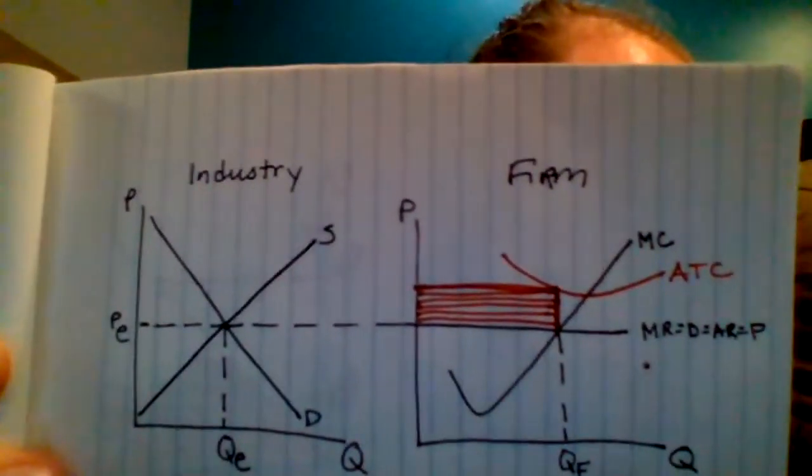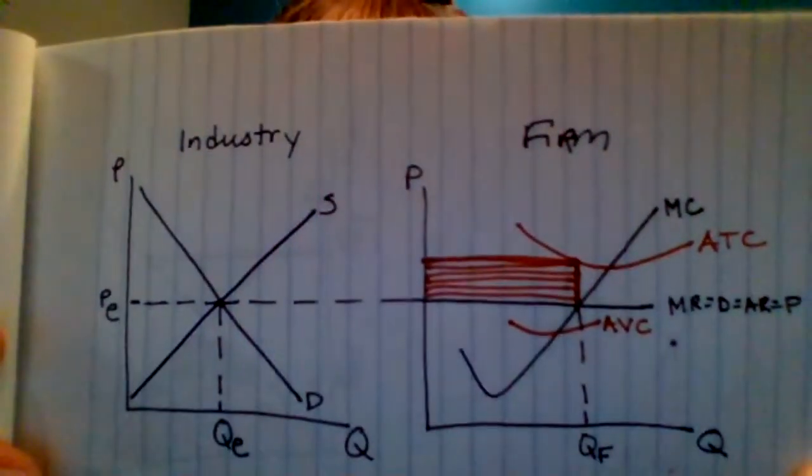There's my loss. Okay. Now, if I'm not shutting down, that means my AVC curve, my average variable cost curve, is down here. If I am shutting down, my AVC curve would be above the price. Okay. All right.